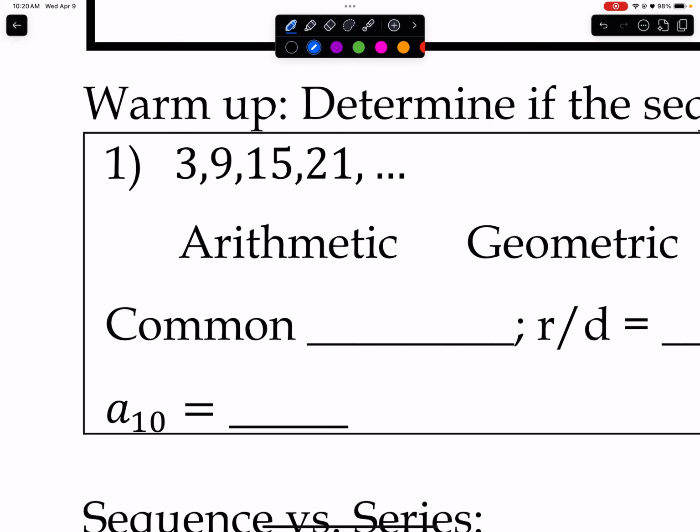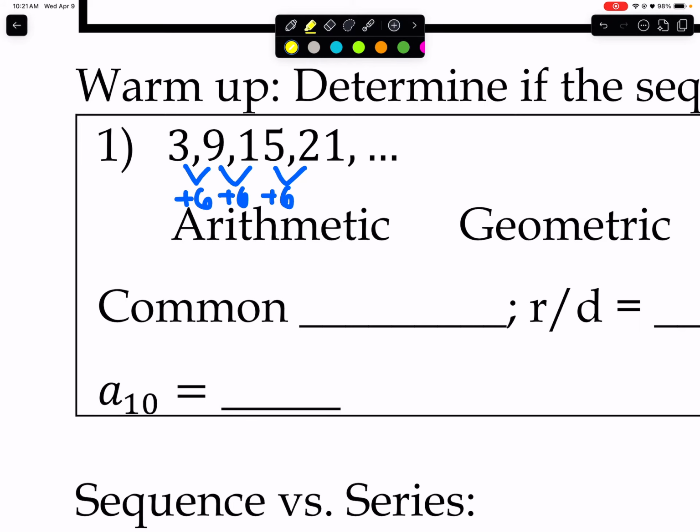If I'm given the sequence 3 to 9 to 15 to 21, I want to find a common difference between all the terms. To go from 3 to 9 to 15 to 21, I'm going to add 6. So adding 6 is my common value. Because I'm adding or subtracting, this is going to be an arithmetic sequence.